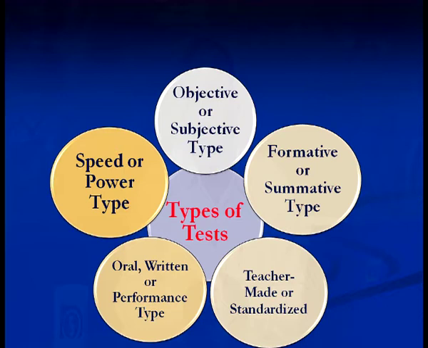If the expectation is that the student will perform a certain kind of activity, then that sort of test is known as a performance test. That means one classification of tests is oral tests, written tests, and performance tests. Then another classification of tests is speed and power tests.